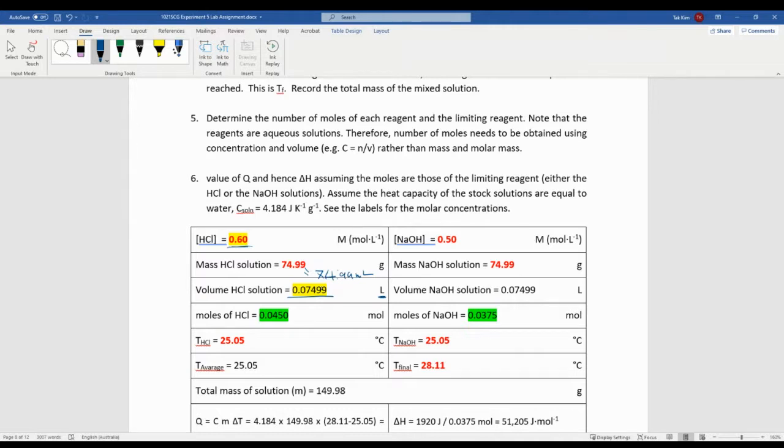If you do that, your number will be really big and not correct. Anyway, using the numbers over here, moles is concentration times volume, right? So the concentration is given as 0.6 moles per liter times your volume in liters.